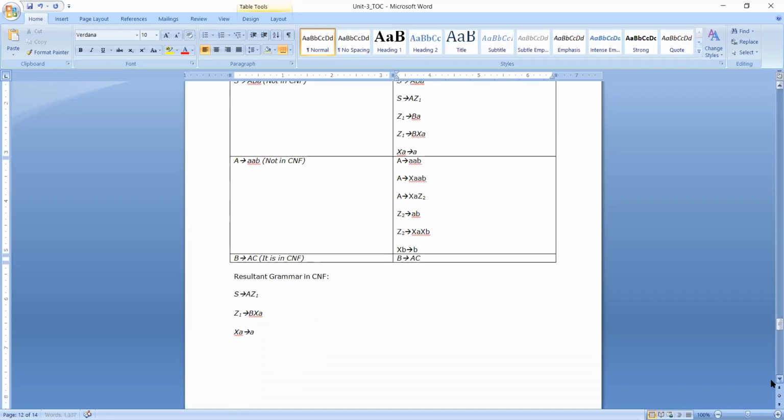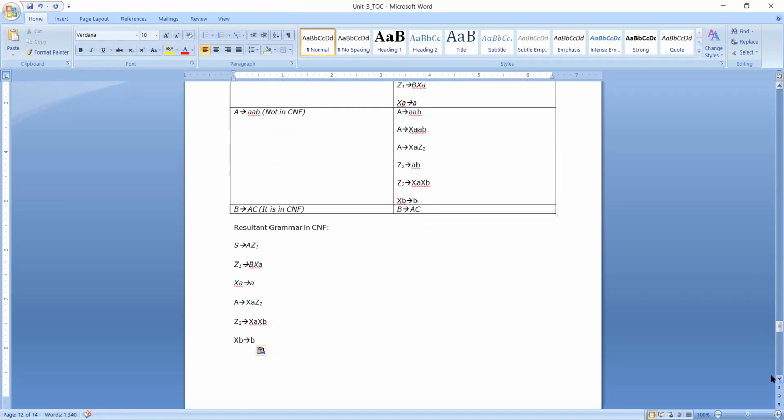Now we need to specify all those productions which are available in Chomsky normal form: A derives to XA Z2, Z2 derives to XA XB, and XB derives to small b. So we will get this production.